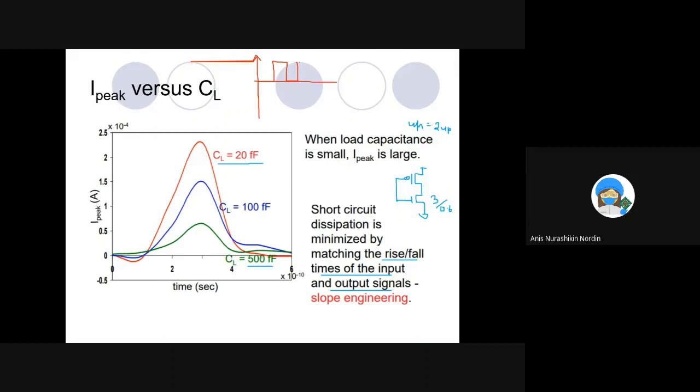This is the waveform of the input, for example. The waveform of the output should be like this. You saw in your ring oscillator, the output is the inverse. So what happens if you do not make the current equal?